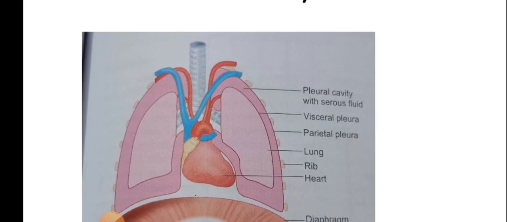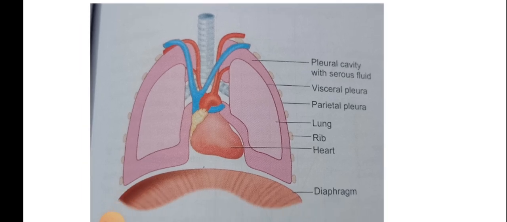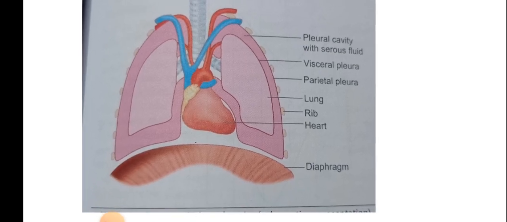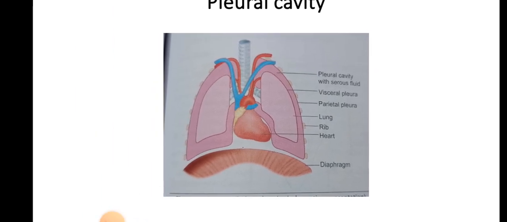I am repeating once again: pleural cavity with serous fluid, next the parietal layer, then the visceral layer, and the lungs inside, with the rib cage on the right side.